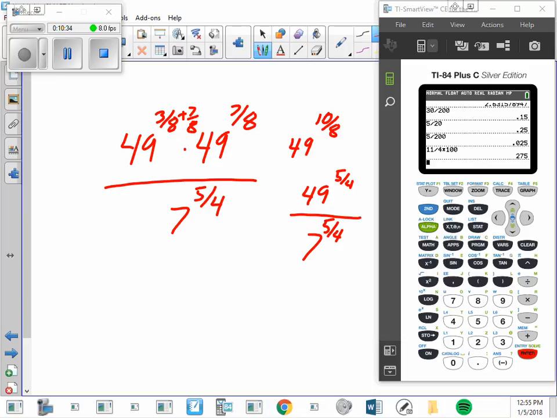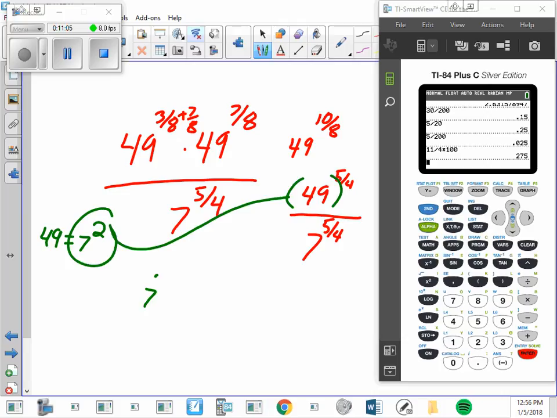No, but can the 49 be turned into a 7? Yes. How? Well, can 49 be represented using 7s? 7 squared. So we're going to do a little trick here. We're going to say that 49 is equal to 7 squared, and then just substitute. We're going to put it in there.